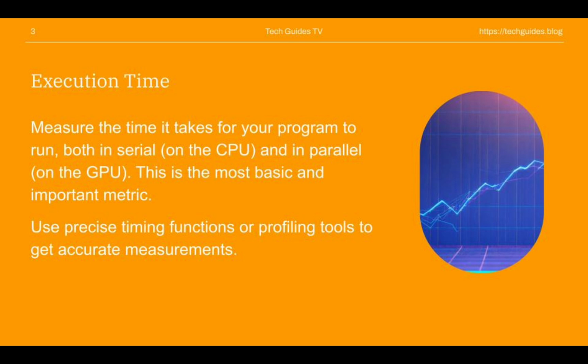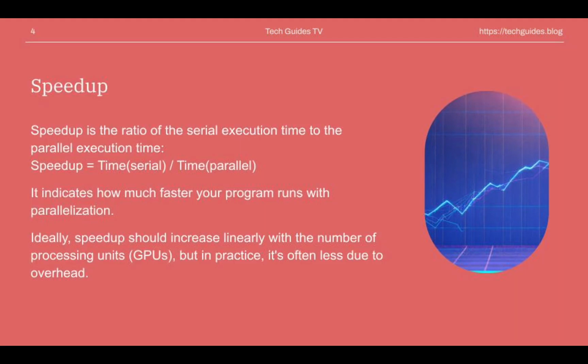Then there's the speed up measurement. What is speed up? Maybe you've heard of this term before, maybe not. It's okay. The speed up is the ratio of the serial execution time to the parallel execution time. If you remember, serial execution happens on the CPU, parallel on the GPU. So the speed up ratio is serial time over parallel time.